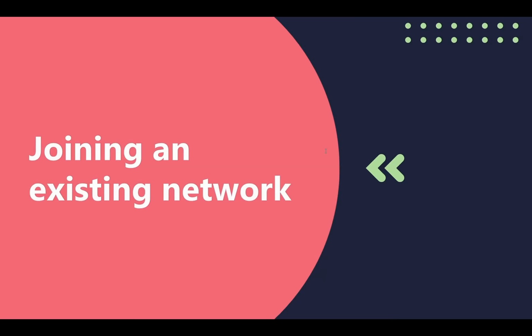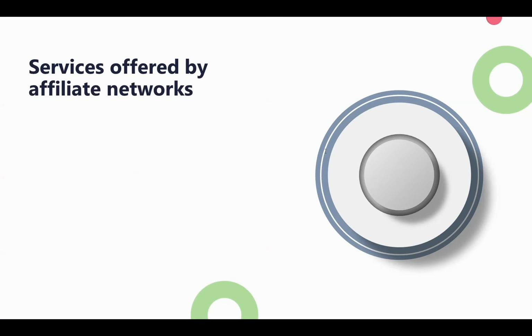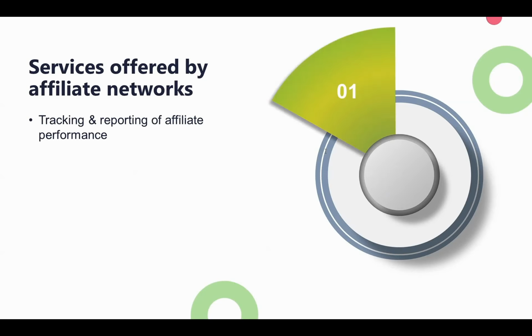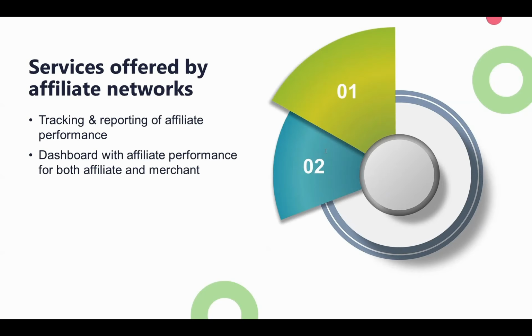The services that are offered by affiliate networks generally include tracking and reporting of affiliate performance, a dashboard with affiliate performance for both the affiliate and the merchant, payment calculation and processing to affiliates, obviously access to their affiliate network, and then in some cases, there would be different affiliate recruitment options.